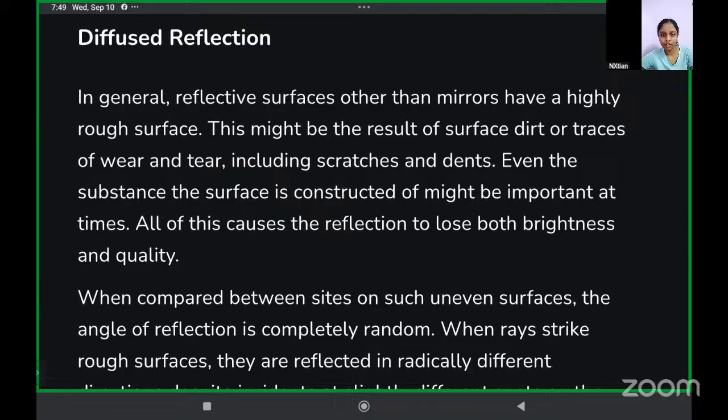Okay. Diffuse reflection is generally not calculated, but it can be calculated. There is a formula used, known as Lambert's cosine law, which is used to calculate diffuse reflection.